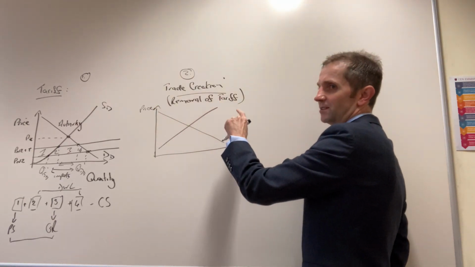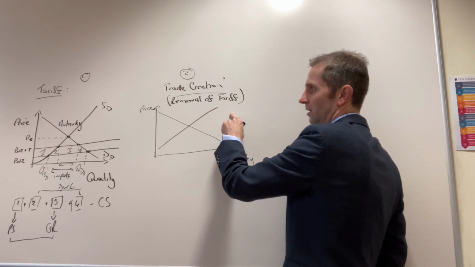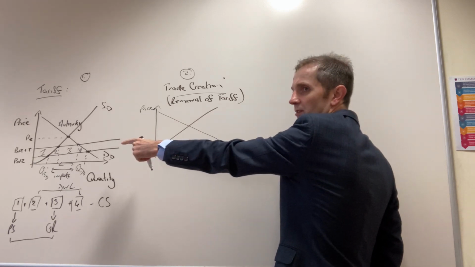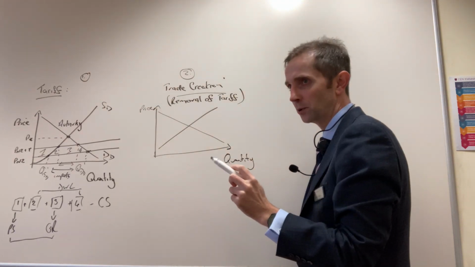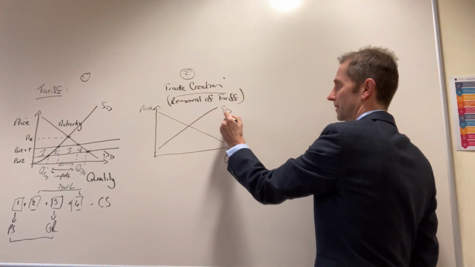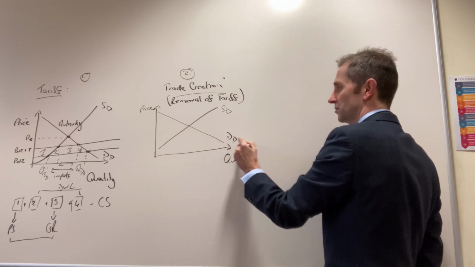So really, this diagram, JM, it's kind of that one, but you're working it the other way around, yeah. So instead of implementing the tariff, you're just taking it off.